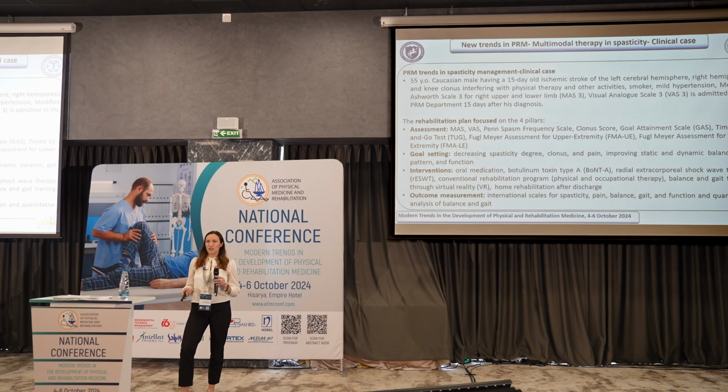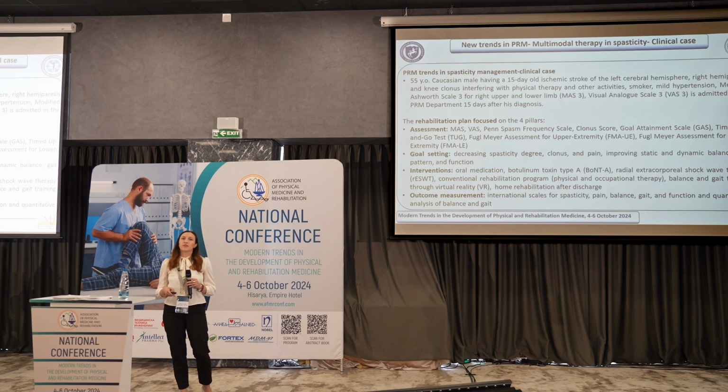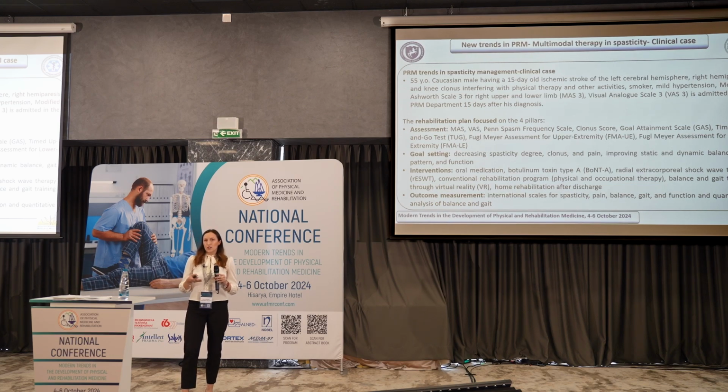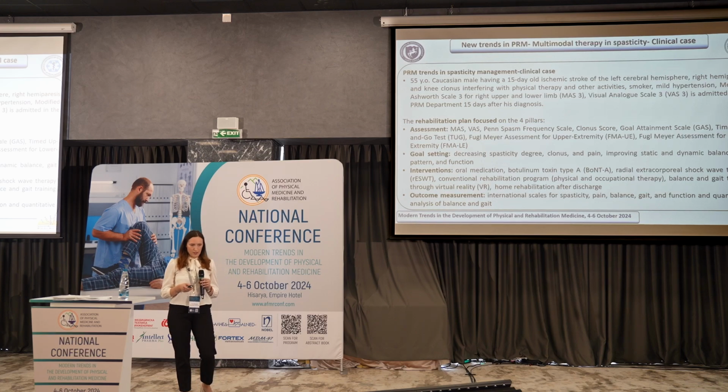So the interventions actually consisted of oral medication, botulinum toxin injection, application of radial shockwave therapy, and also virtual reality through a stabilometric and gait analysis system, as well as home rehabilitation. Of course, this was all performed during a conventional rehabilitation program. So the core was actually, of course, the physical therapy part and the occupational therapy as well.